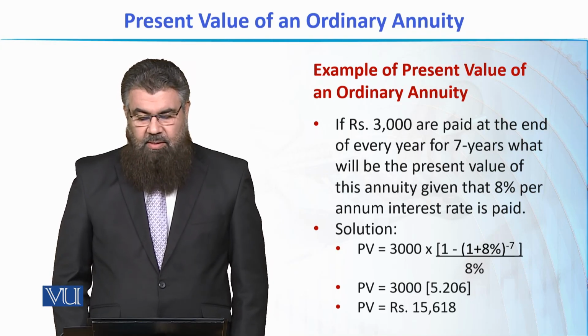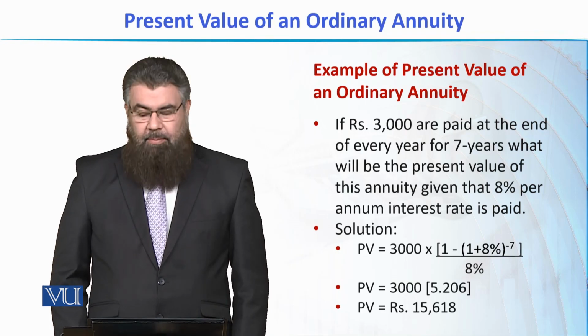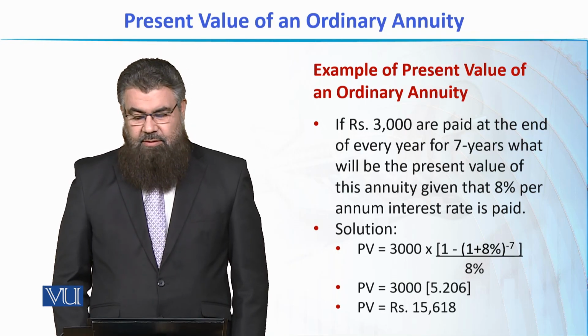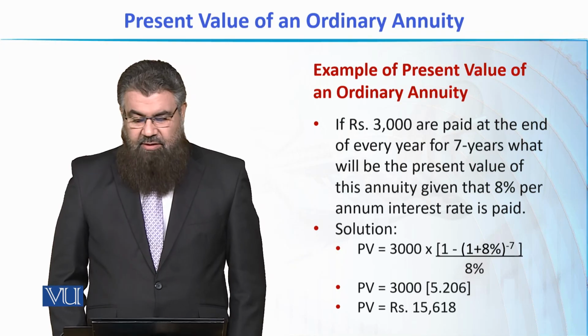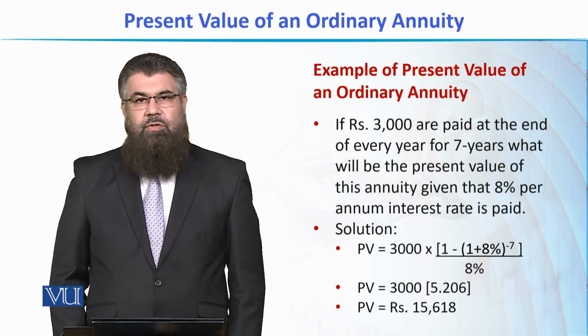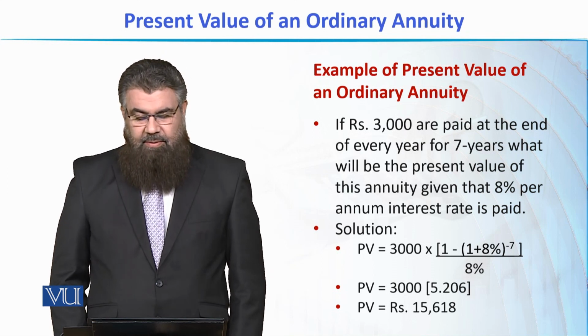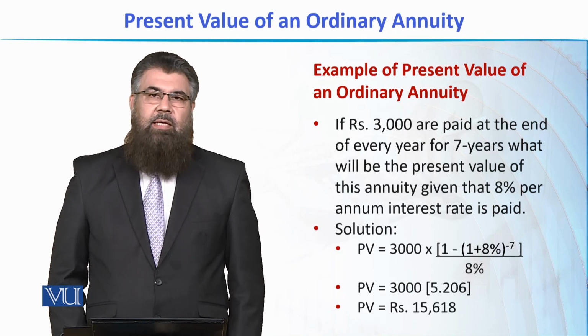So 3,000 is multiplied by the answer of this factor, the annuity present value interest factor, which is 5.206, and ultimately we get the total present value of 15,618.